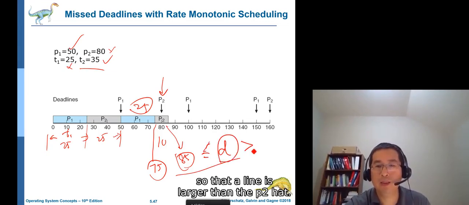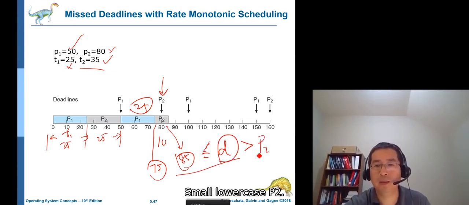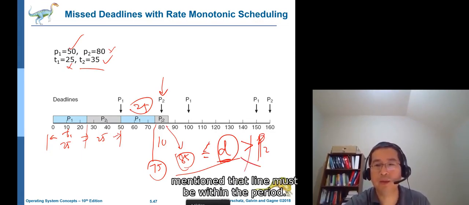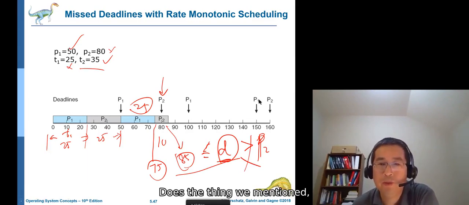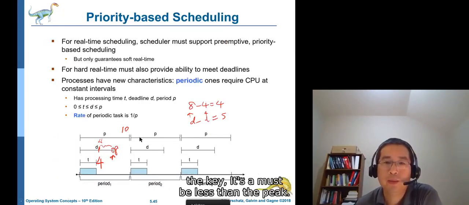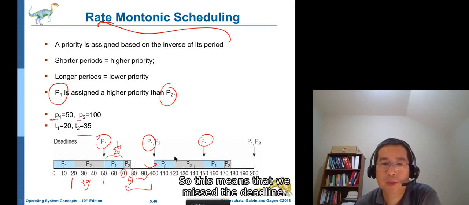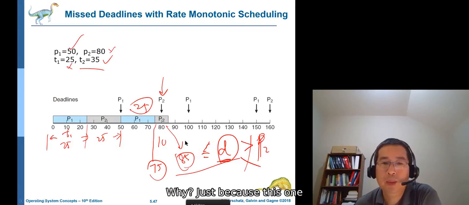So the deadline would be larger than P2's period, and that's not possible. We mentioned that the deadline must be within the period. You must finish within a period. The deadline must be less than P. So this means we missed the deadline.